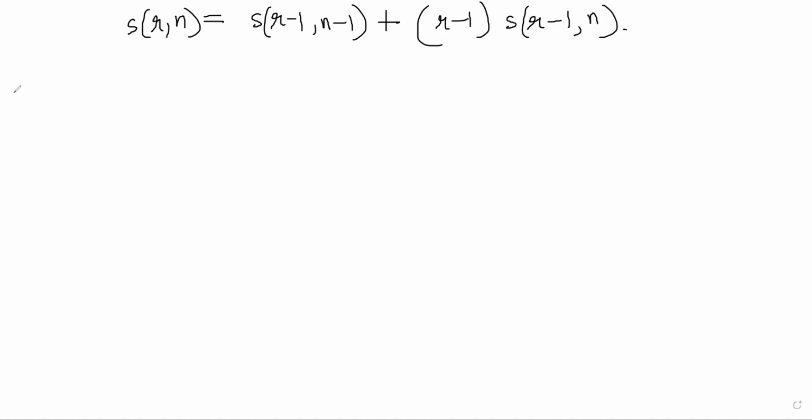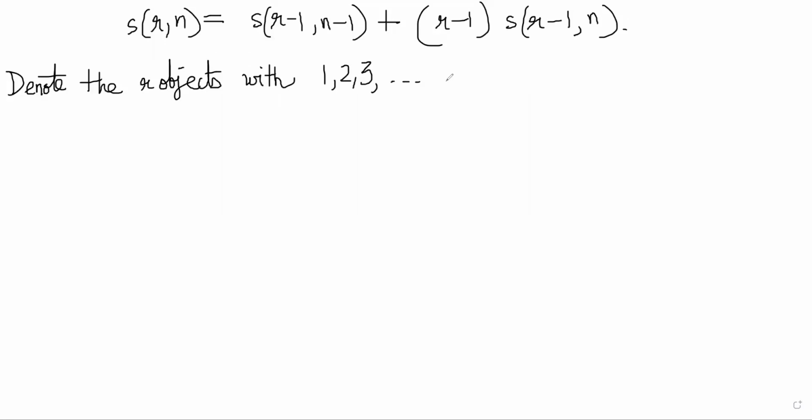So we'll denote the R objects with the numbers 1, 2, 3 till R, right? These are the R objects and we'll consider object 1. Correct? Now there are two cases.